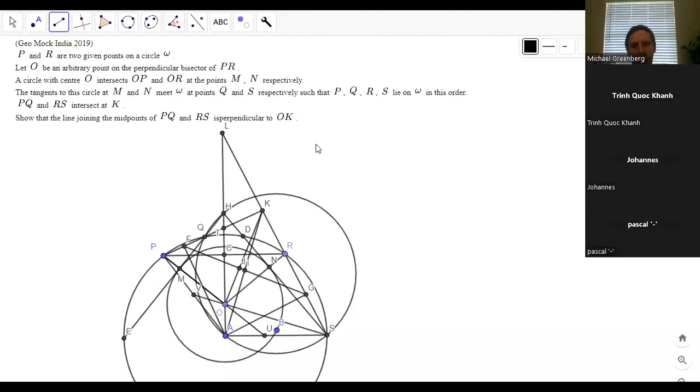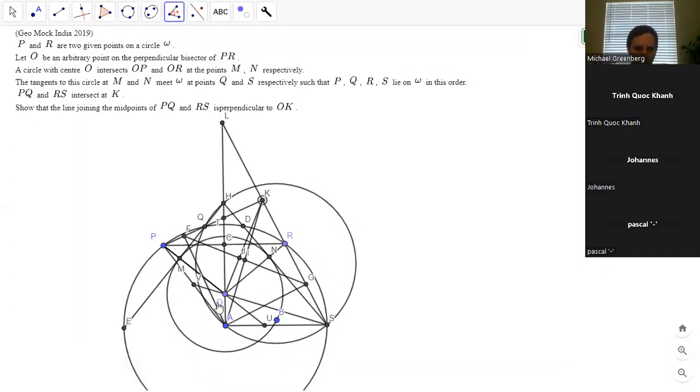Interesting. So yeah, if that's true, that would definitely show they're isogonal. Sorry, KOP, KAS, yes.